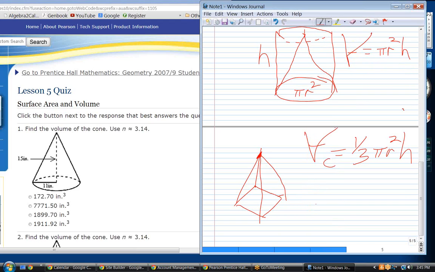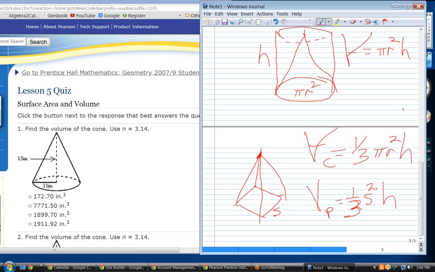The volume of this pyramid is also 1/3. It's not pi r squared, it's the side squared, this being s, times the height. All right.